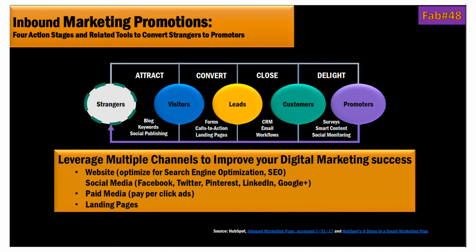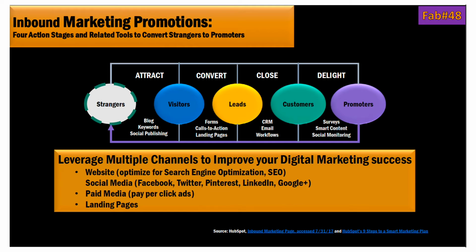So there's a few ways you could leverage multiple channels to improve your digital marketing success. Nowadays, we're really fortunate to have these digital marketing tools that really help amplify this process. So using your website for SEO is really important, just having those keywords that are going to attract the right customer. Using social media such as Facebook, Twitter, Pinterest, LinkedIn, and Instagram is really important.